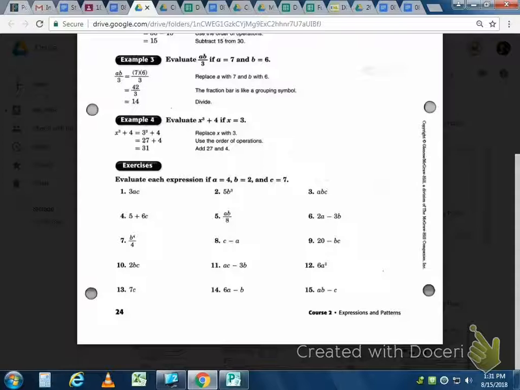So the problem would be 3 times 4 times 7. We're replacing the variables with the values, 4 for A and 7 for C. So Emily, what am I going to do first there? 3 times 4 is 12, and 12 times 7 is 84. So your final answer would be 84.